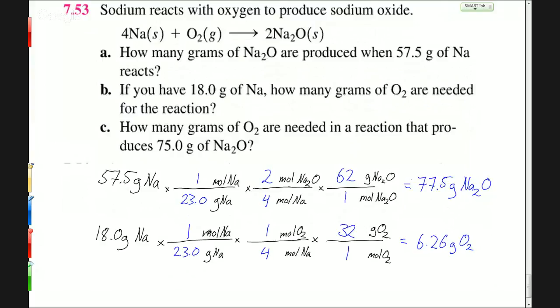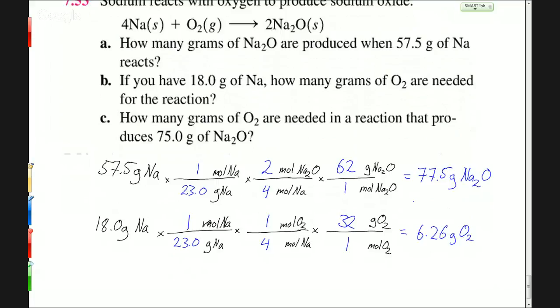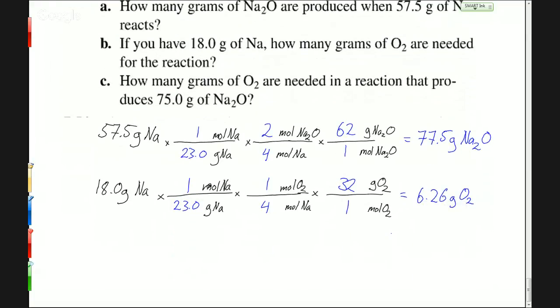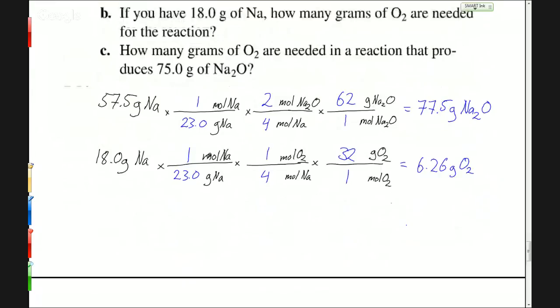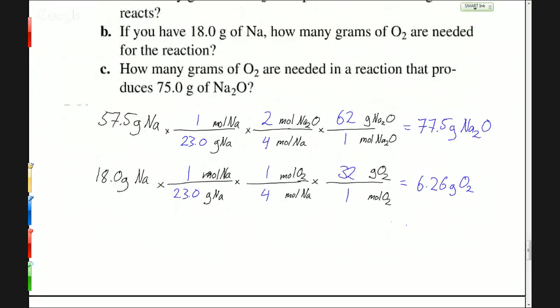And then the last one, we start with 75 grams of Na2O. Now we're going to go to O2.